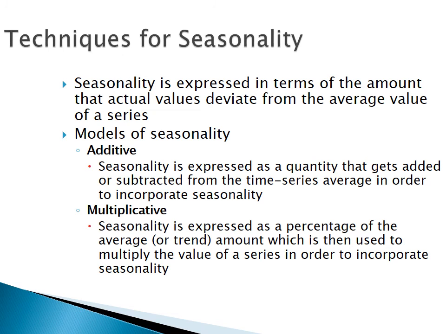Now for seasonality, what do we do? We sometimes add it to the forecast or we multiply it. Say you forecast the demand would be 50, but because it's winter and in the winter the demand for winter garments would be more, we add a seasonal trend of an additional 10.